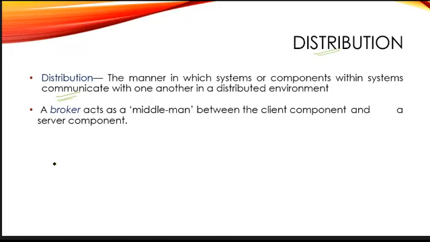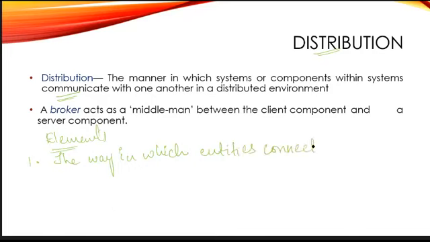Now this distribution problem addresses the manner in which systems communicate. There are two elements within the problem. The first one is the way in which entities connect to one another. That is, in order to perform communication, your entities first need to be connected.